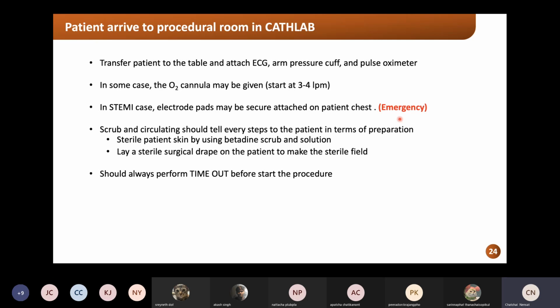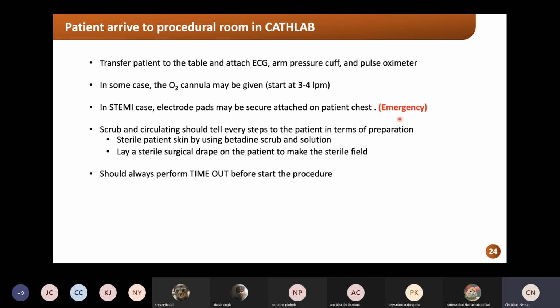But it's not the full 12-lead ECG that needs to be attached to the patient, just only the limb leads, which are RA, which stands for right arm, right? And LA stands for left arm, and also LL, left leg. Just attach these 3.